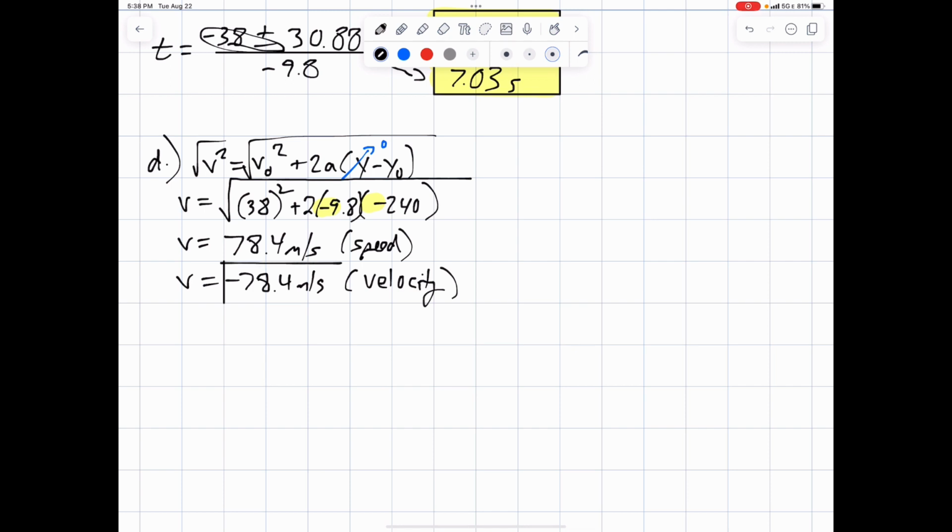The speed would be the absolute value of velocity, so the speed would be just the 78.4. The velocity has the negative attached to it, so do keep that in mind. That's the difference.